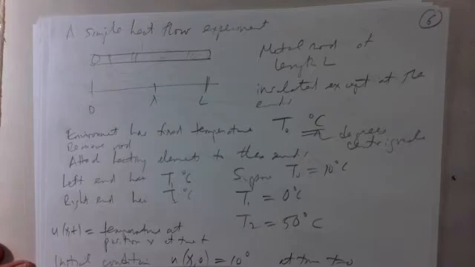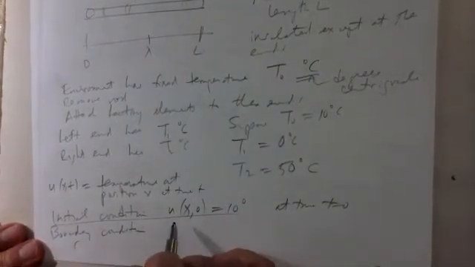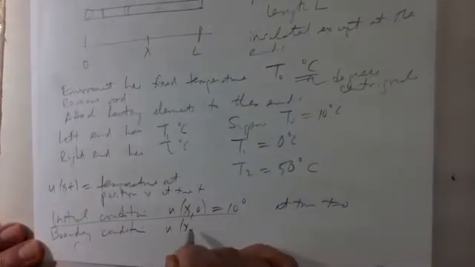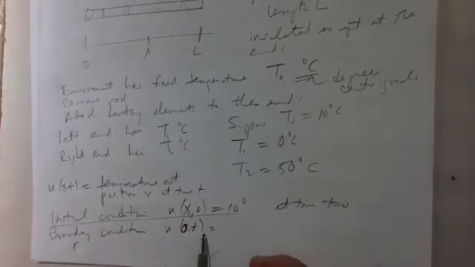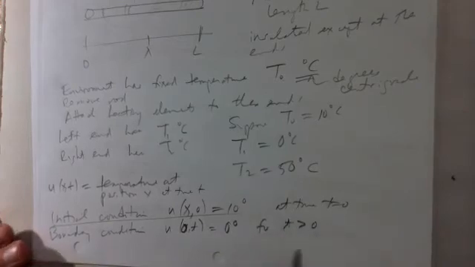What are the boundaries of this rod, the two ends? We have a boundary condition in addition to the initial condition. The boundary condition is that at the left end, u of 0,t is 0 degrees for all time t greater than 0.